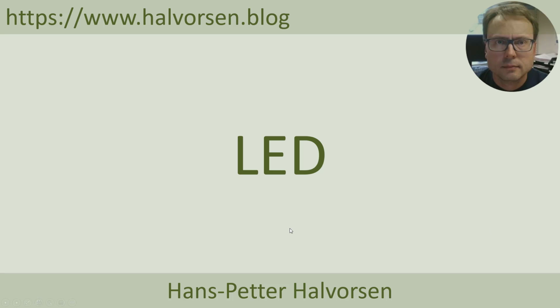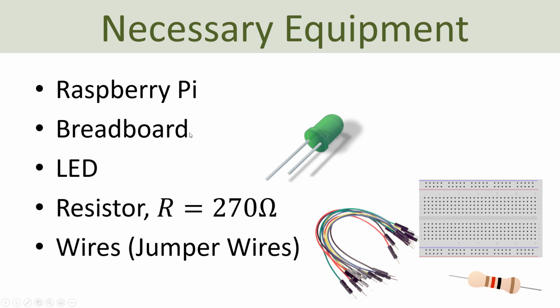But let's see how we can control a LED from Python. We will connect a LED to one of the general purpose input-output pins on the Raspberry Pi, and then create a Python program in order to control this LED.